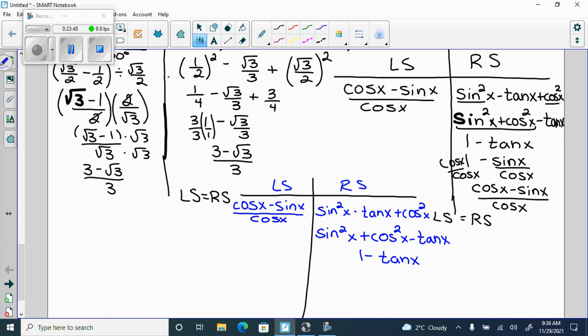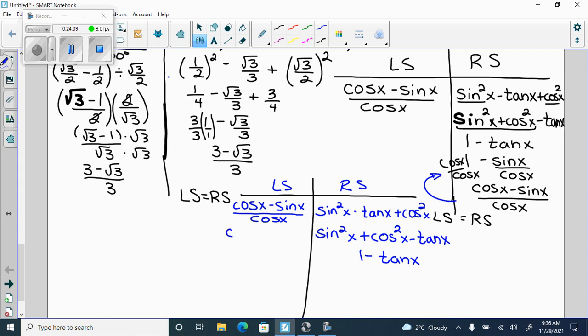Now, a rule that everyone forgets is that you can split a denominator up. So if I gave you cos x minus sine x over cos x, you know you can go cos x over cos x minus sine x over cos x. But you forget that this can also reverse and go back that way. So whenever you have 2 numerators over 1 denominator, you can split them.